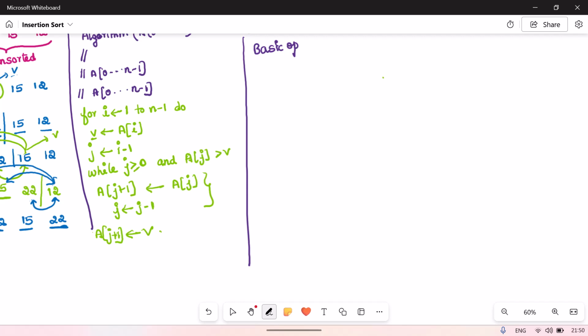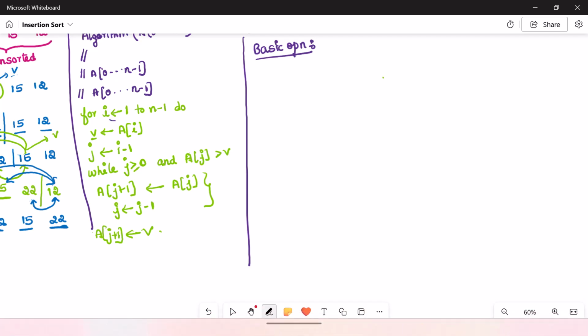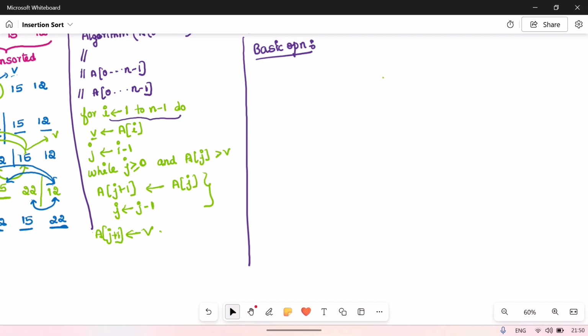Out of these many steps, which do you think is a basic operation? The operation that gets carried out the maximum number of times. This will not happen maximum number of times. The comparison over here, because I'm comparing the elements, right? Then only I will sort. So that happens maximum number of times. So A of J greater than V, this is the basic operation.